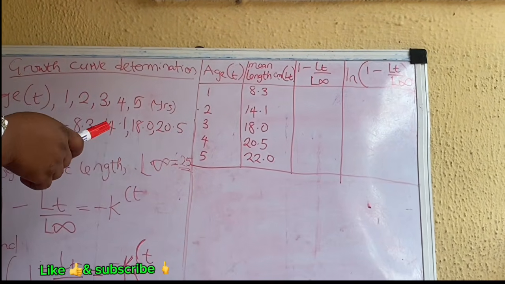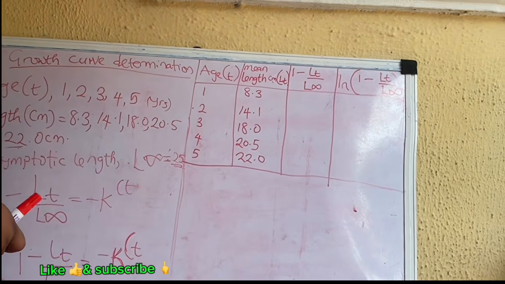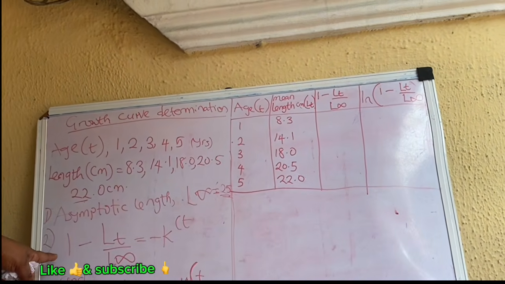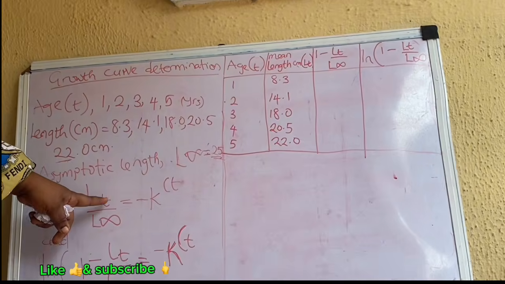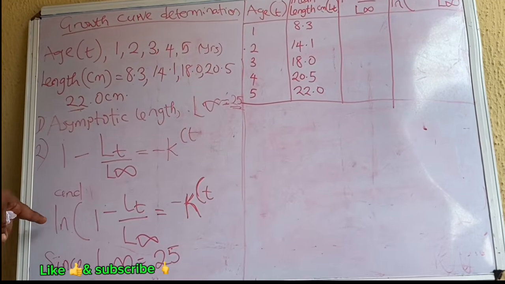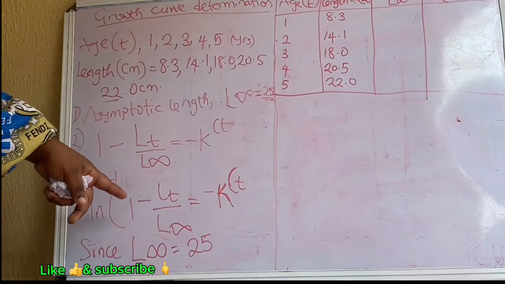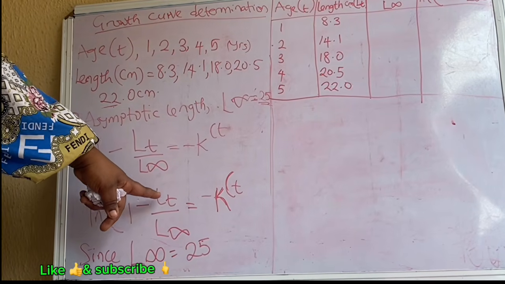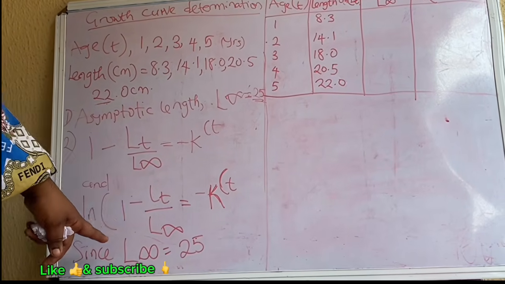For you to calculate the linear form of the equation, from Von Bertalanffy's theory, you have one, the length over the asymptotic length, with the constant k. We've not gotten the constant k yet. Then the second, ln of 1 minus length over asymptotic length.